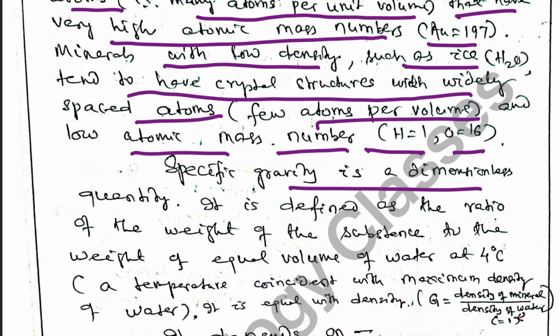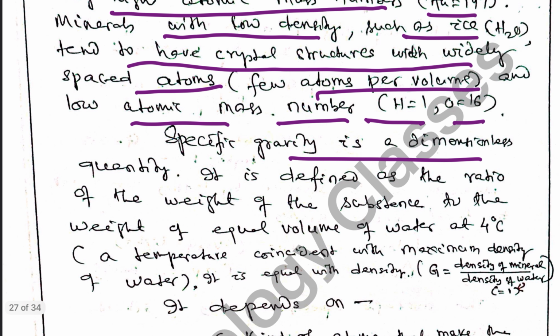Specific gravity is a dimensionless quantity, because it is described as density of mineral by density of water. This is a comparison, that is why it becomes dimensionless.